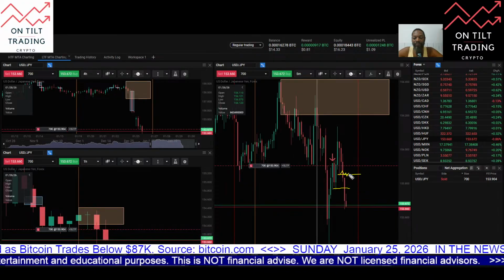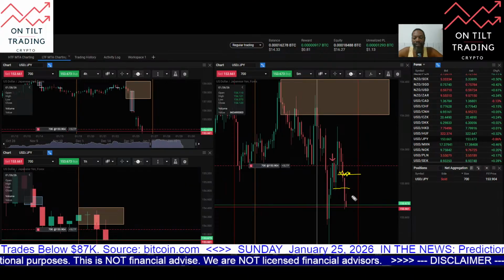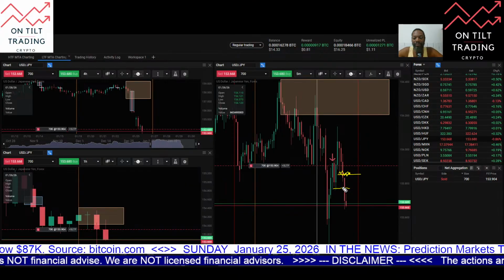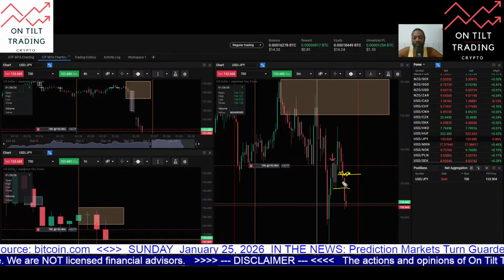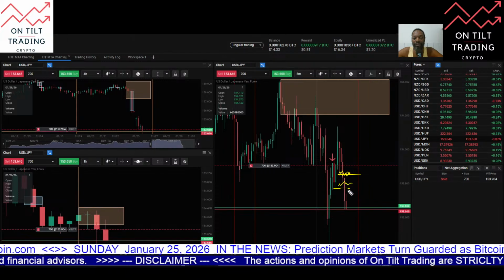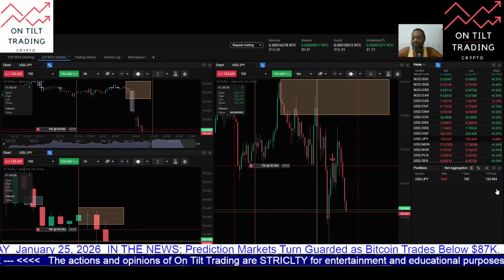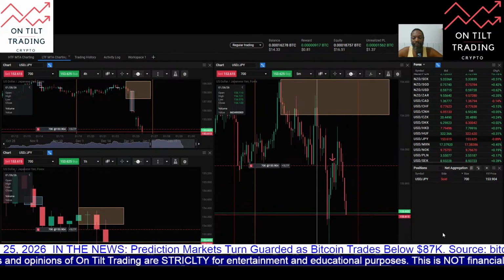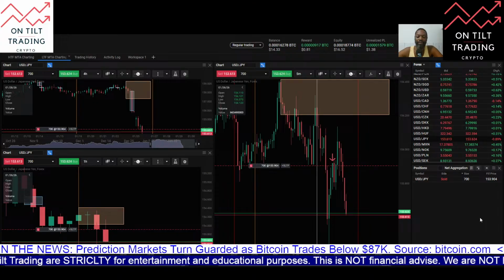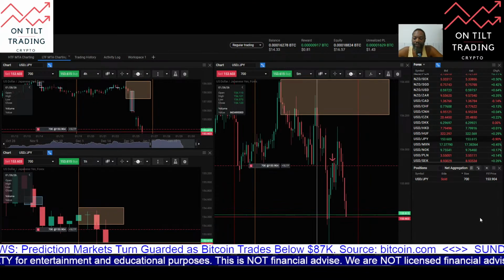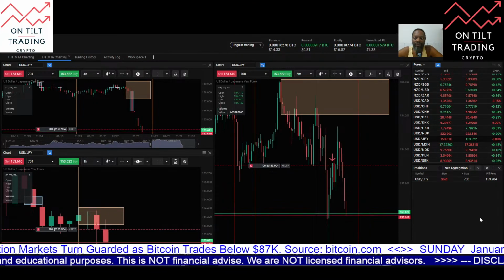This will be an area of interest here as a fair value gap, and then if this candle closes below this area here, then this would be an area of fair value as well. It would be a larger gap. You can see price pull back, and now price is redelivering here to the sell side, 153.600 level.